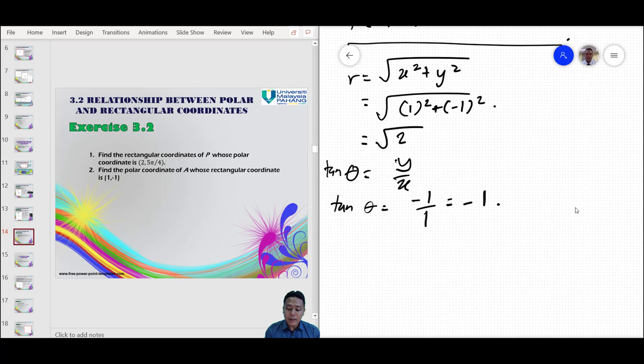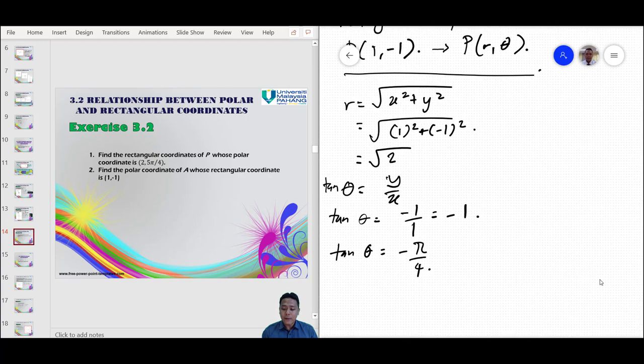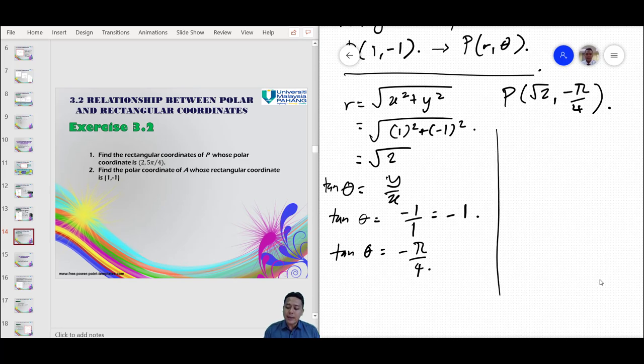So the angle will be negative pi over 4. Actually, you already get the answer. The value of the polar coordinate P is square root 2, negative pi over 4. Remember that this representation is that the angle is in the negative angle.